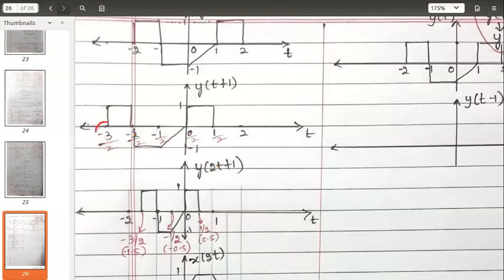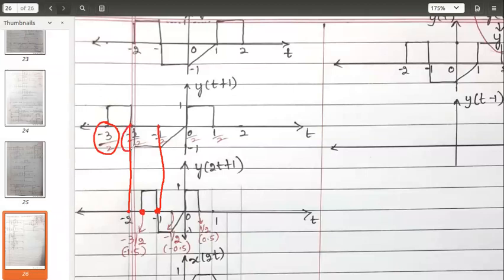Once you divide, check what is this new time value, -3 by 2. -3 by 2 is -1.5. If this is your 1, this is your 2, see, both are correctly coinciding. In between is 1.5, 3 by 2.